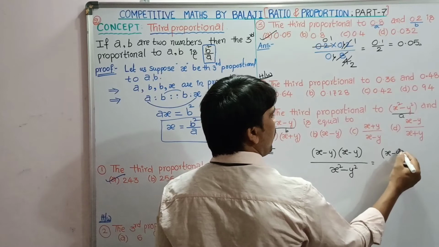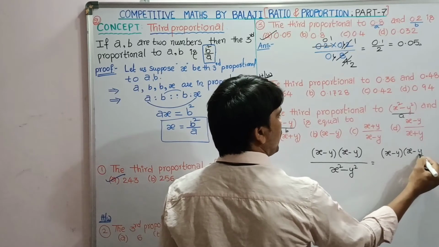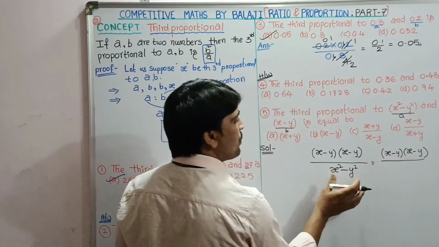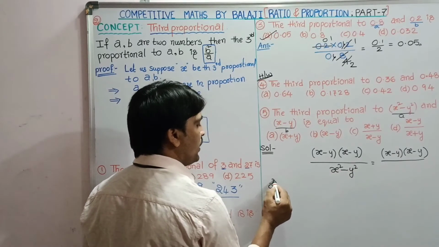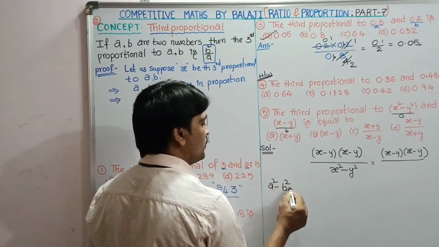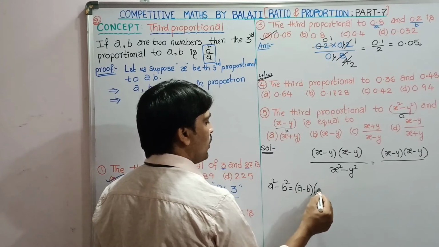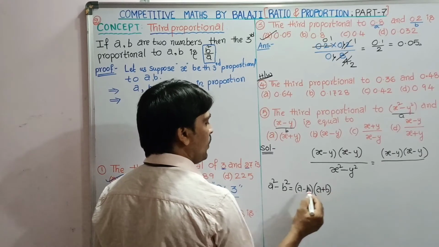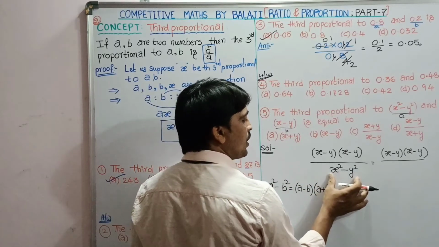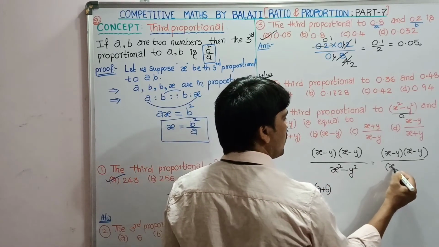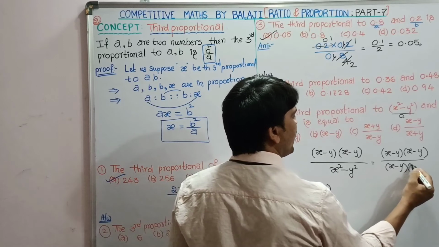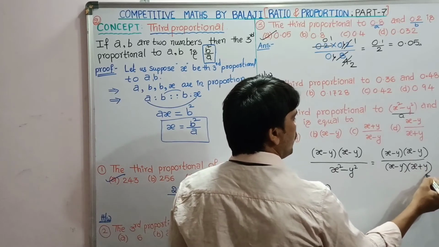x minus y of x minus y by x square minus y square, which is of the form a square minus b square. We know the algebraic formula a square minus b square equals a minus b of a plus b. By using this formula, x square minus y square can be split as x minus y of x plus y.